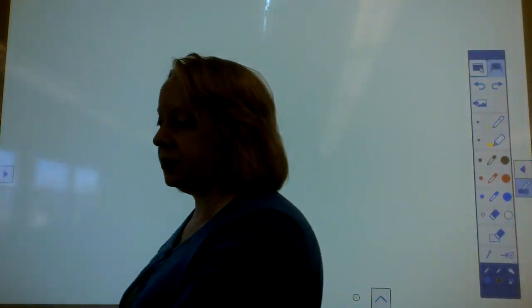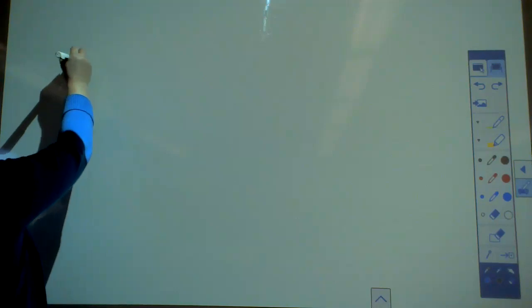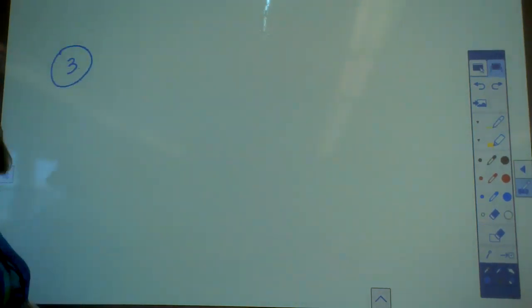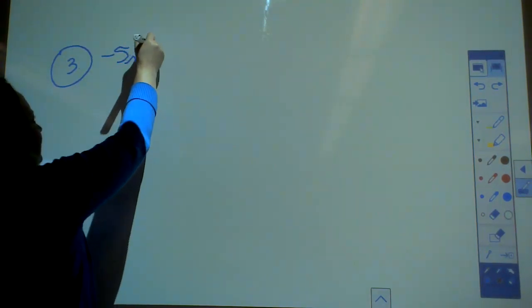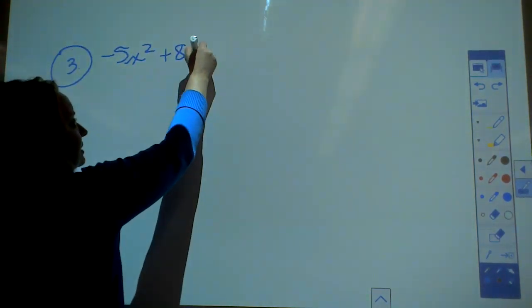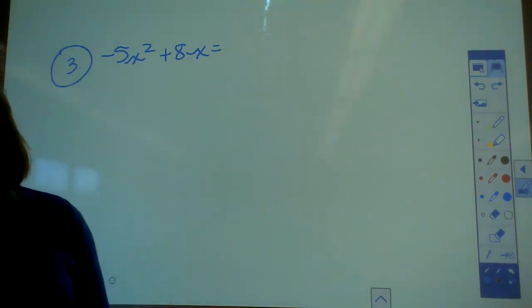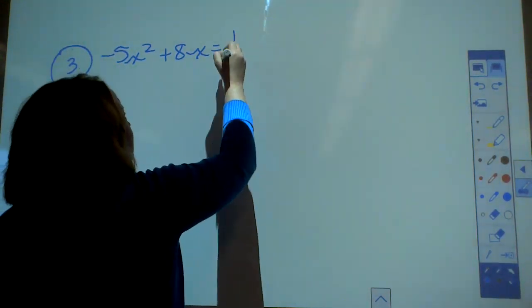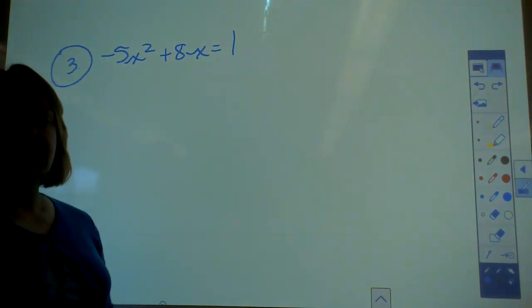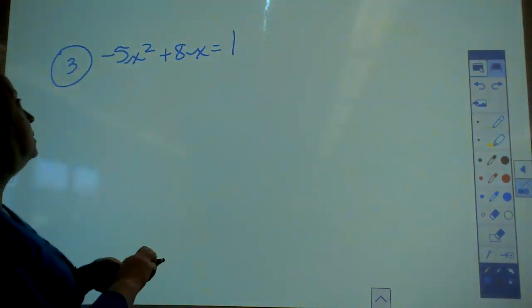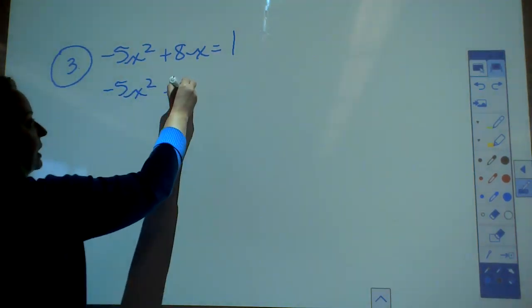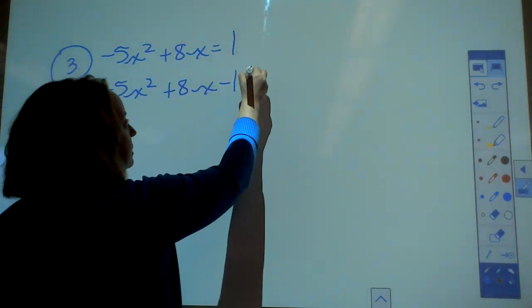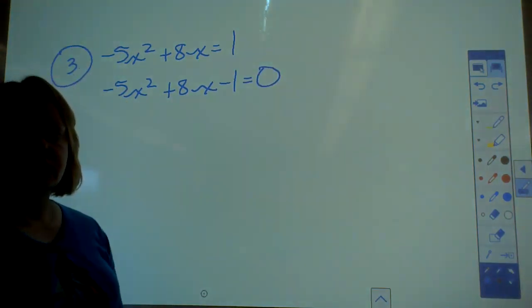Okay, so let's go on to another scenario. Let's say we have, number 3, -5x squared plus 8x is equal to 1. In this scenario, we're going to have to move this one over. So we get -5x squared plus 8x minus 1 is equal to 0.